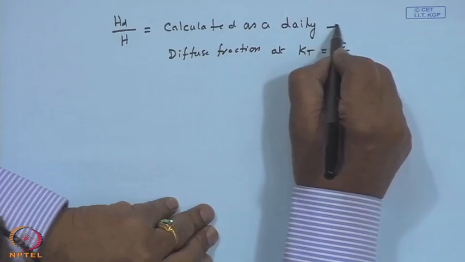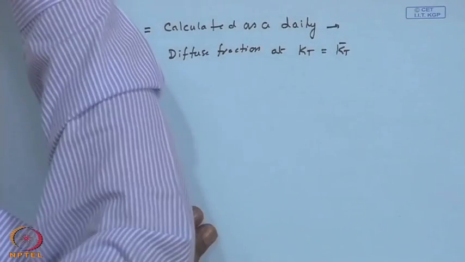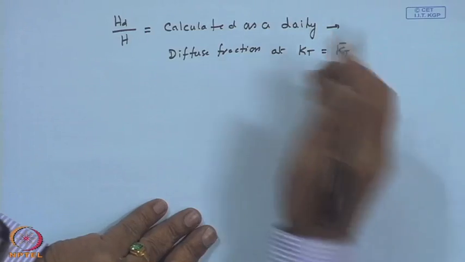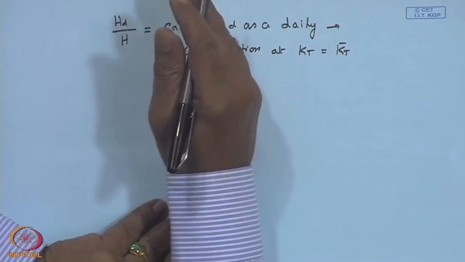The possible reason could be that a single day when the critical level reaches the noon time acts like, though it is an average day, a single day possibly. This is a logic I am trying to give, and hence H d by H is calculated with k t numerically equal to k t bar instead of H d bar by H bar, or this simply correlates better and hence this is used.